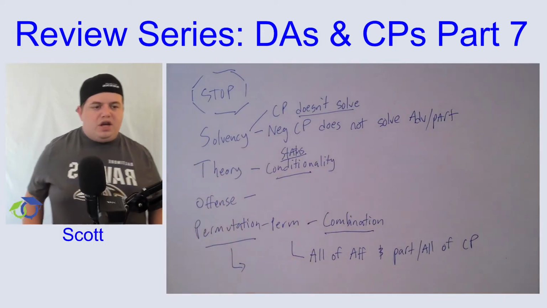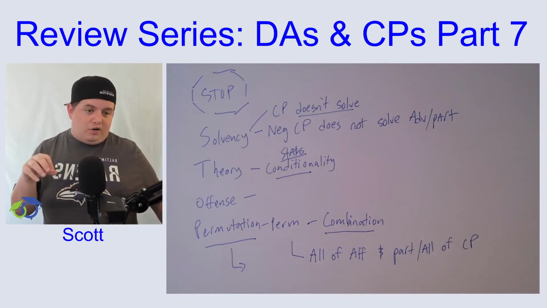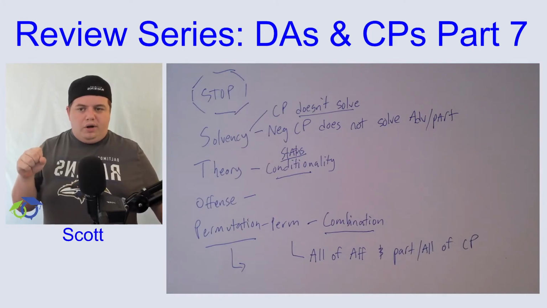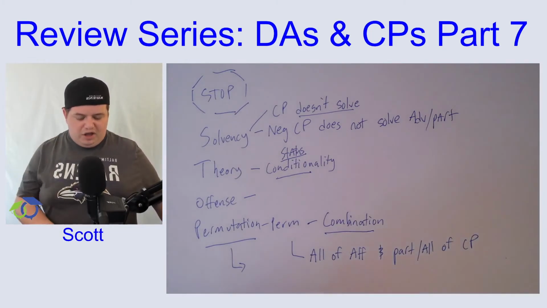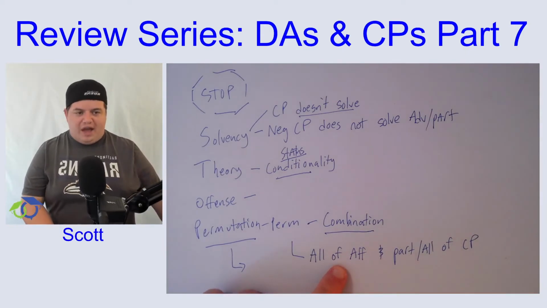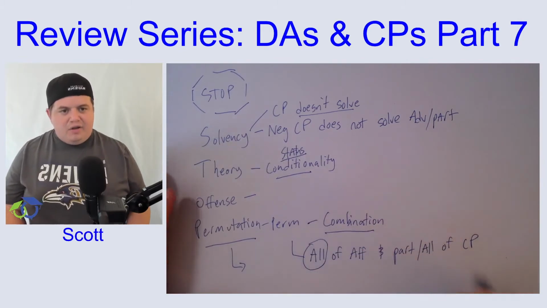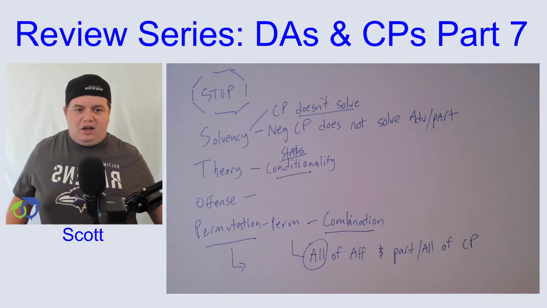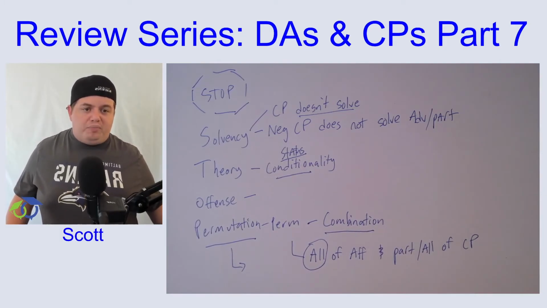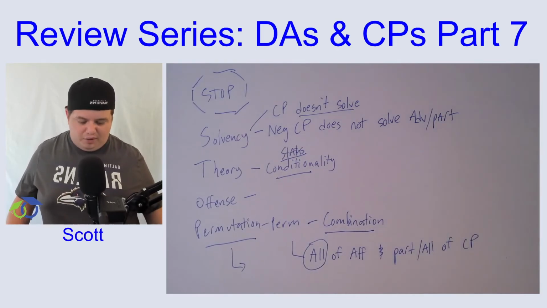So the permutation can do all of the counterplan, it can do a part of the counterplan, but in order for it normally to be viewed as theoretically legitimate, we think that it has to do all of the AF. Because if the permutation doesn't do all of the AF, then the affirmative is no longer defending what they defended in the AC, which a lot of people view as abusive in the debates that we are having.